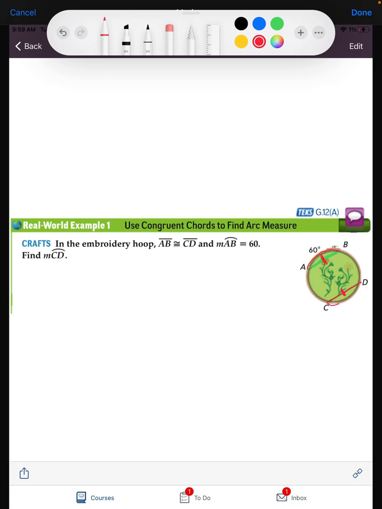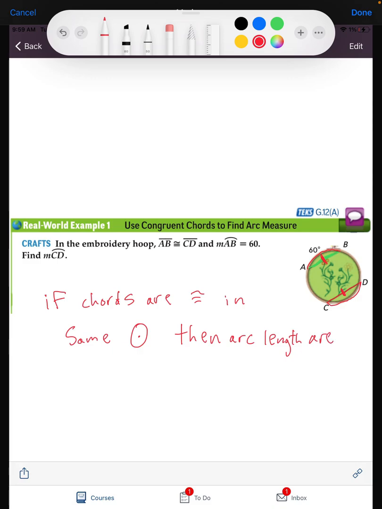So if chords are equal or congruent in the same circle, which we are here, then arc lengths are congruent. So then the measure of arc CD equals 60 degrees also.